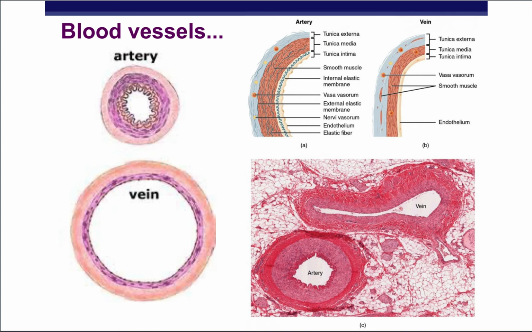So, as a quick recap of the blood vessels, I mentioned earlier that the arteries, veins, and capillaries are very different because of their functions. The artery in particular, because it has the highest pressure and involves the highest amount of blood flow, has to be really highly regulated and able to withstand a lot of force.